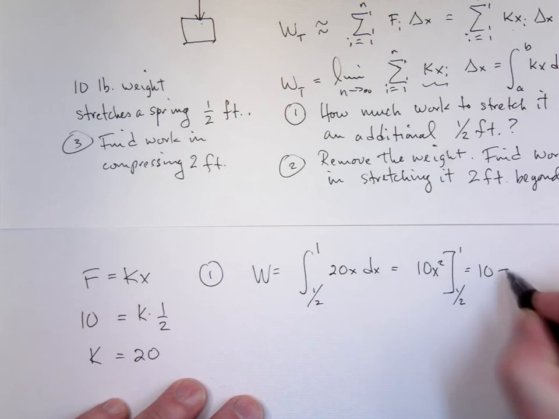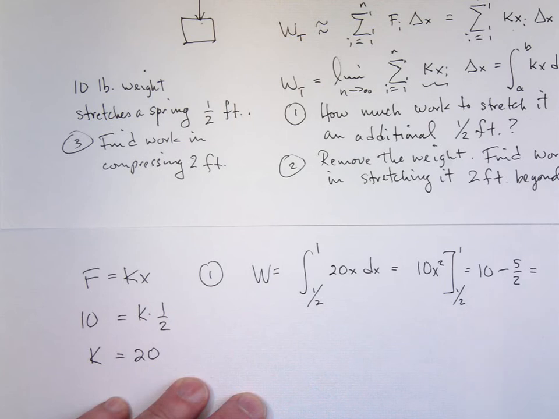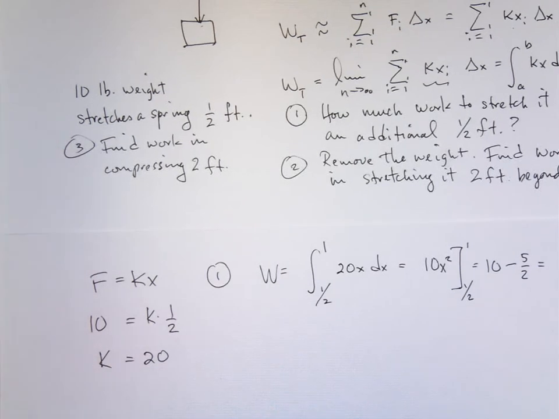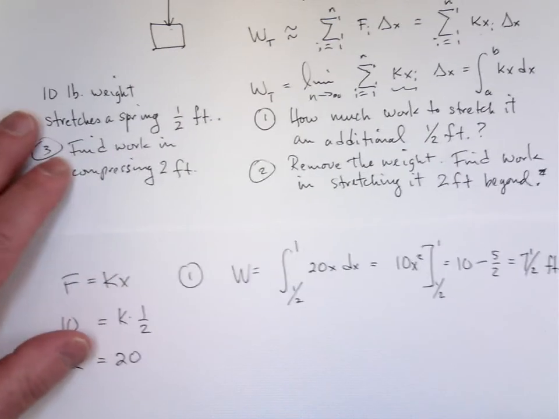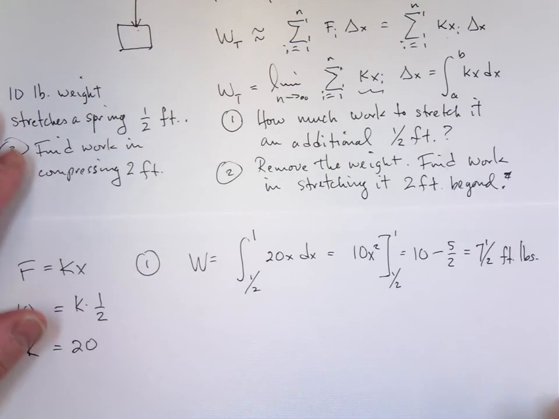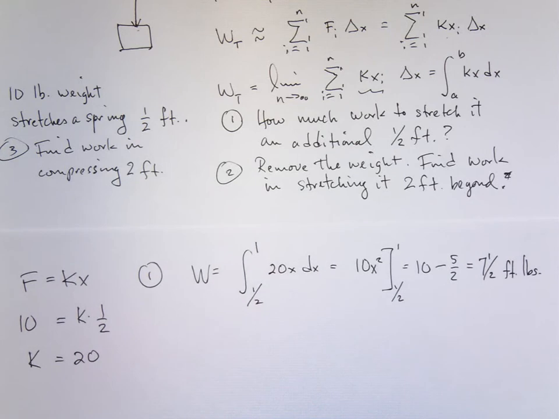We end up with 15/2, 7.5 foot-pounds of work. Now, am I over the edge there? Yeah, probably. That's my answer, 7.5 foot-pounds of work. Be all set on that?